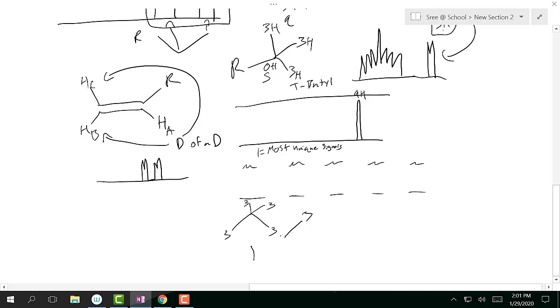So that would be 2 unique signals, and then if we were to do the bromine here, and then I guess an OH right here. So now we have 1 here, 1 there, and then 3 here. So that's 3 unique signals. So stuff like this you have to count and then rank them based on how many signals there are. Okay?